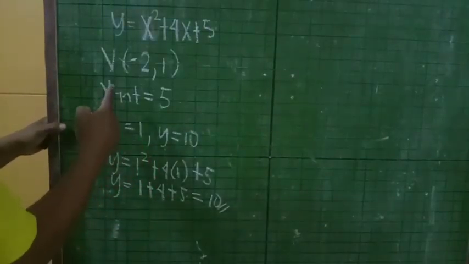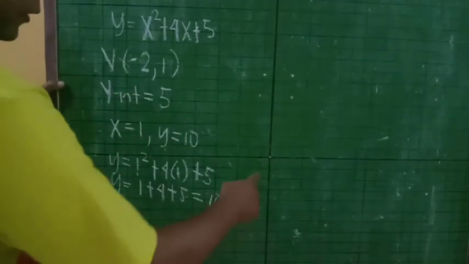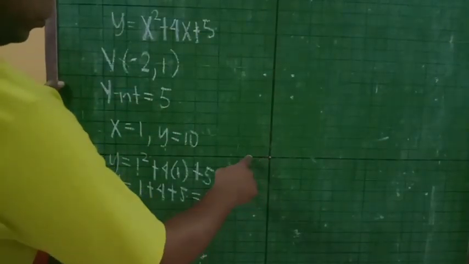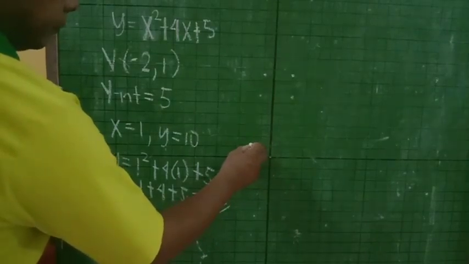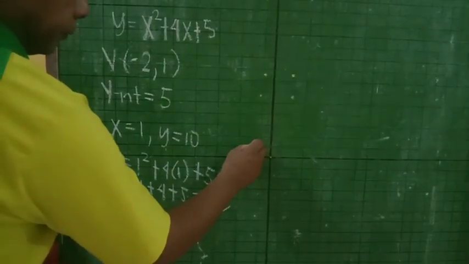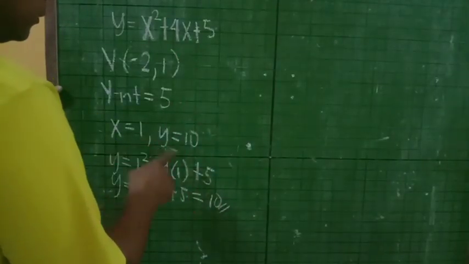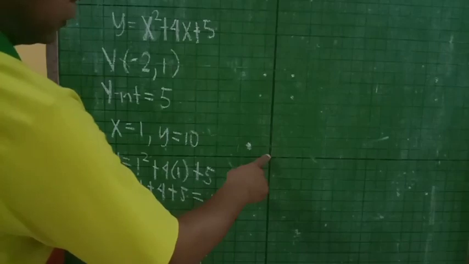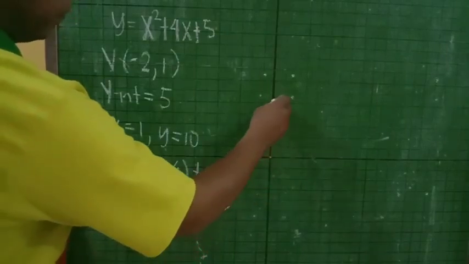So, meron na tayong magiging tatlong point. So, first, yung vertex natin, if x is negative 2, y is 1. So, this is the vertex. Next, if x, the y-intercept is 5. 1, 2, 3, 4, 5.